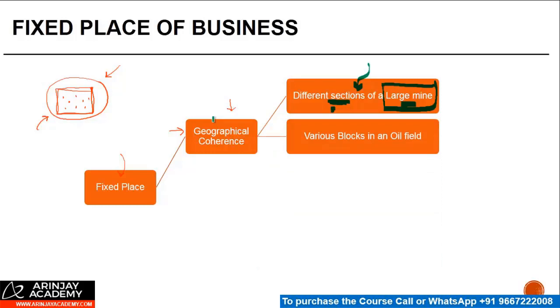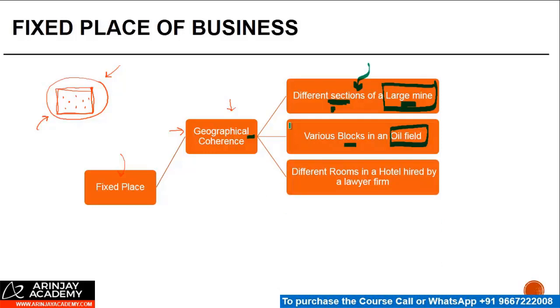If there are various blocks in an oil field where a foreign company's employees are working, again, it's the entire oil field which is constituting a geographical area and not the various blocks. You can't say that I'm working on block A in the first 2 months, block B in the next 2 months, and therefore on an overall basis the period should not be considered. Different rooms in a hotel hired by a law firm.